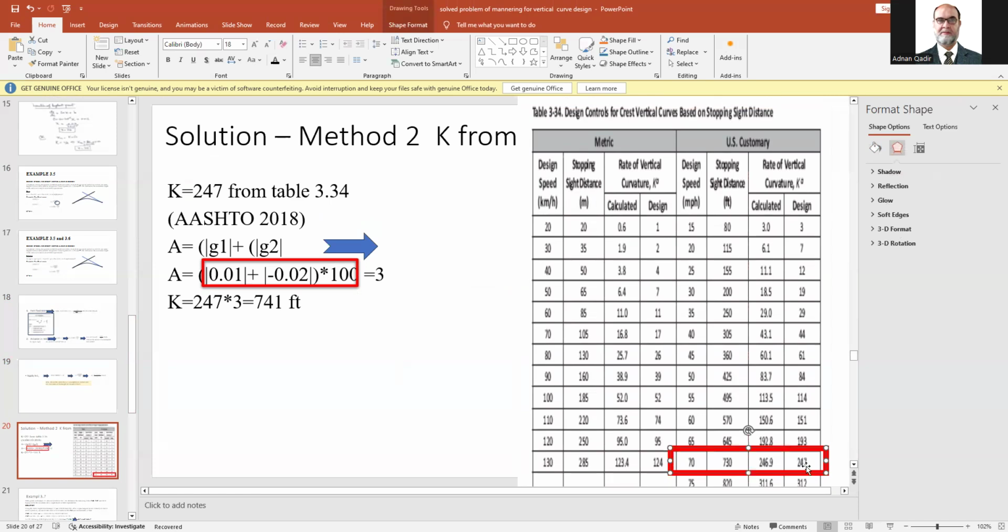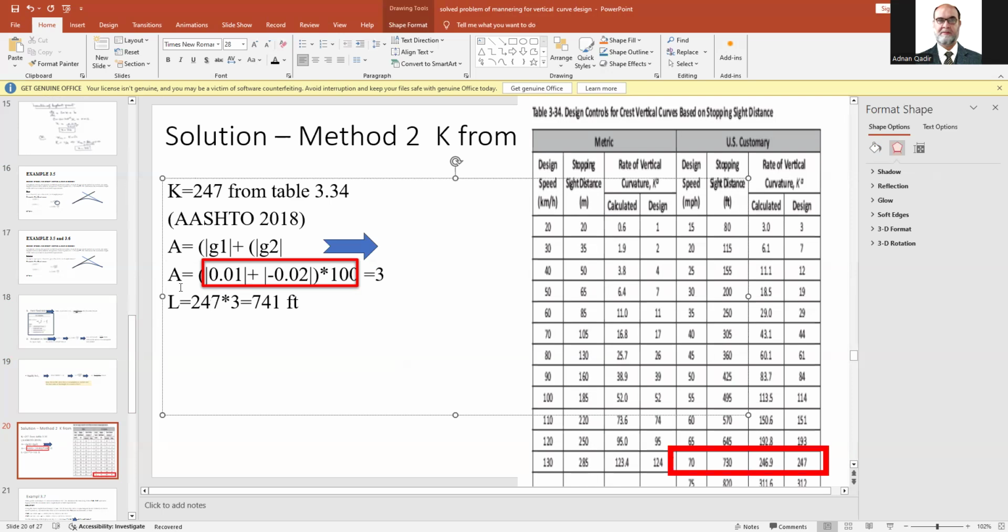So K is 247 and A is simply 3. So the length of the curve is 741 feet.